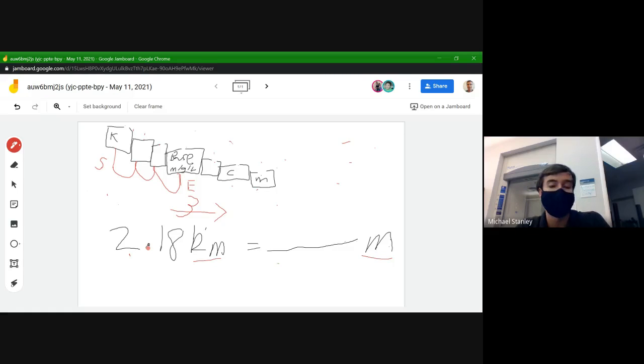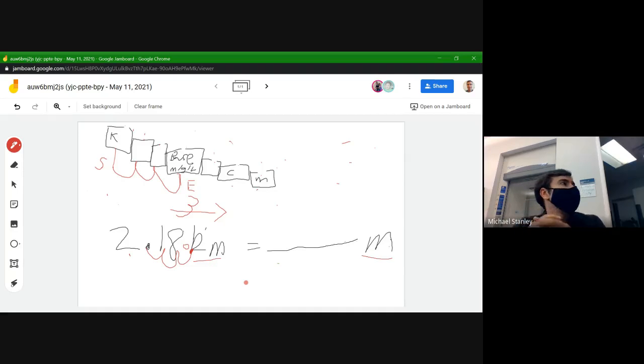So we know where our decimal is, so it's easy to find its starting spot. And we're going to jump 3 spots to the right. So we're going to go 1, we're going to go 2, we're going to go 3 spots to the right. And remember, this is an empty space right here, which gets filled in with a 0.